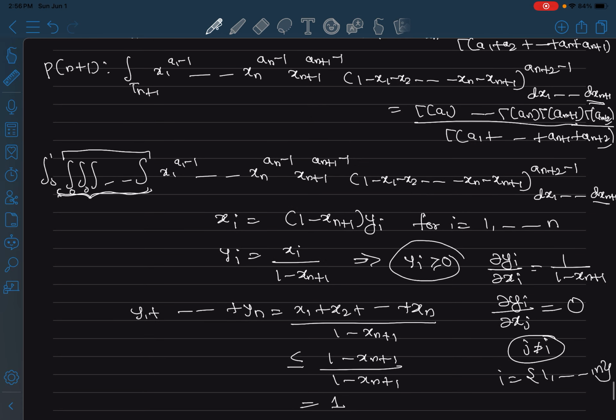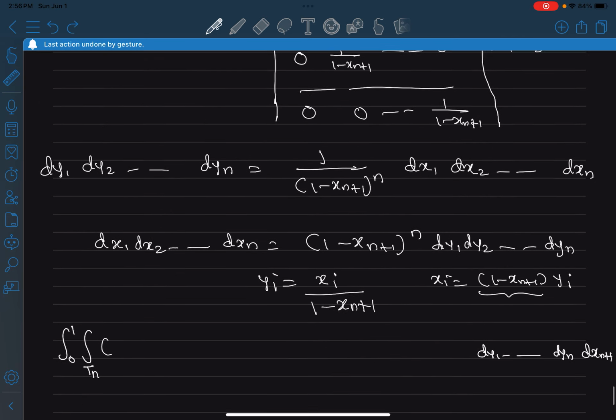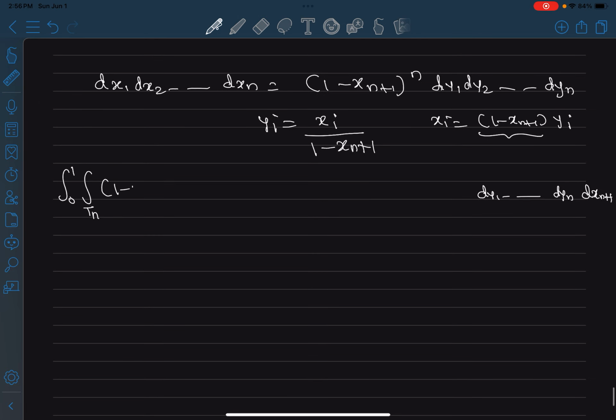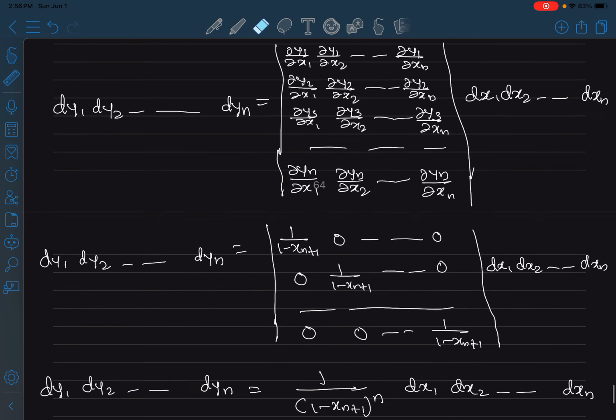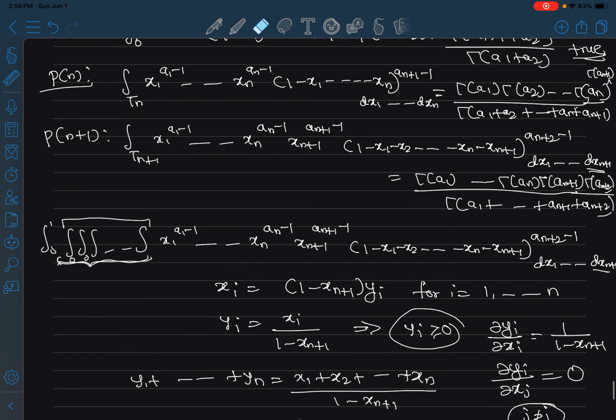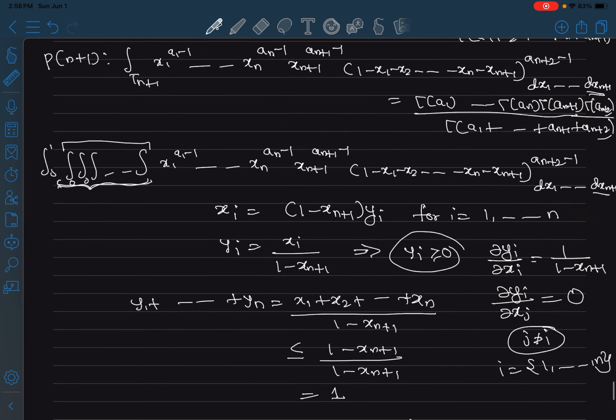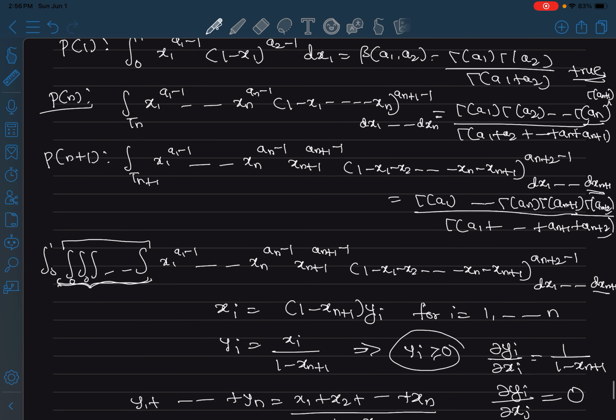Because there are n plus 1 such variables, there will be n plus 1 such variables, and then y1. And not just that, all these xi's also have some powers, a1, so I also need to add those powers.